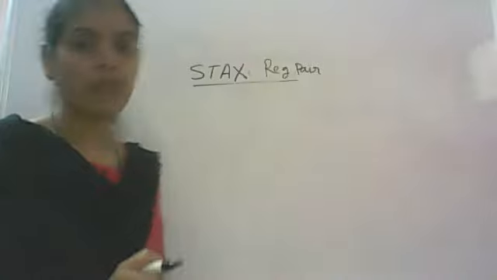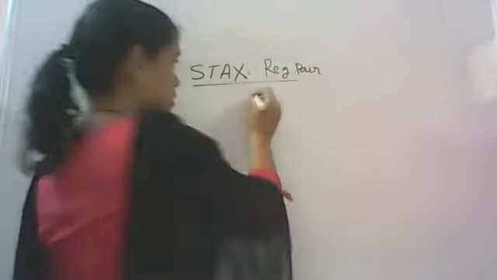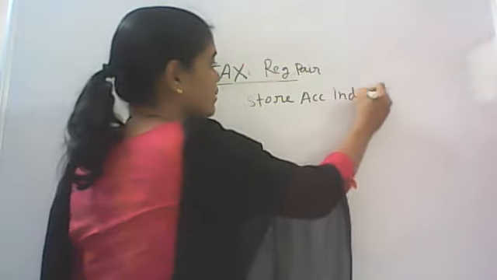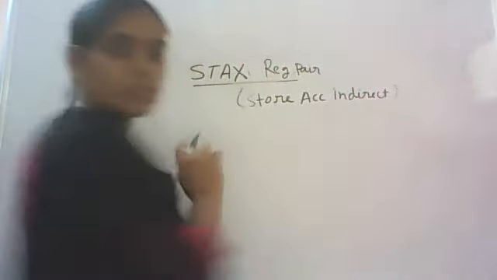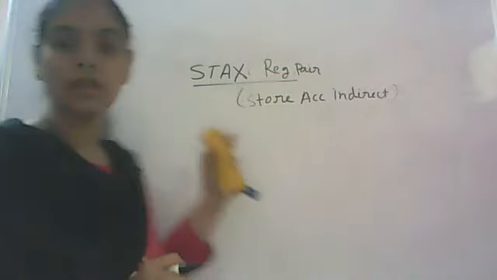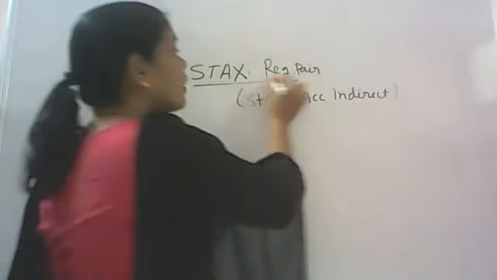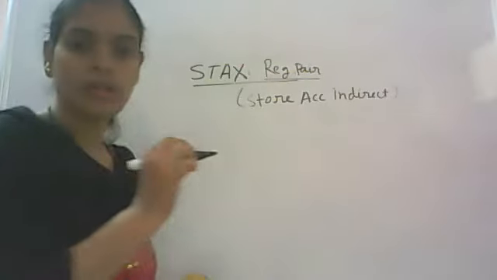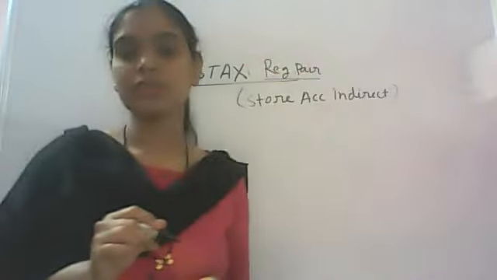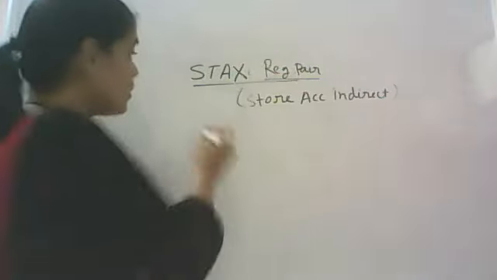The content of the accumulator is copied into the memory location specified by the content of the register pair. This instruction is a 3-byte instruction. Firstly, we see the example.